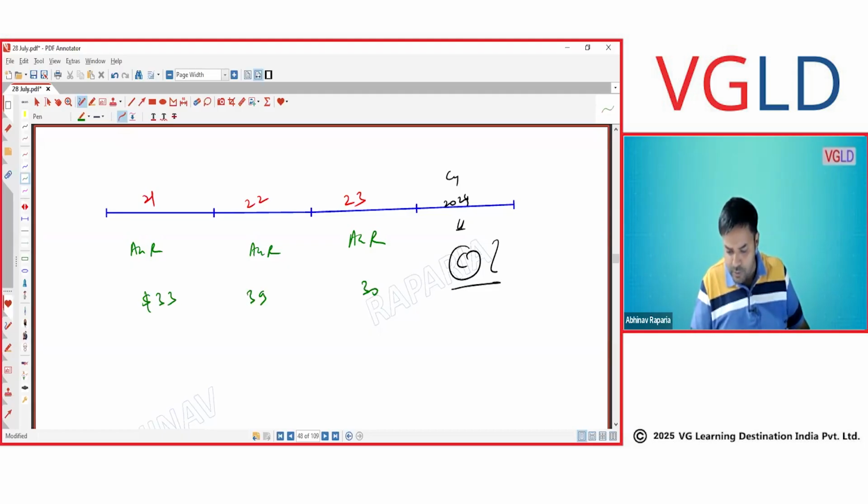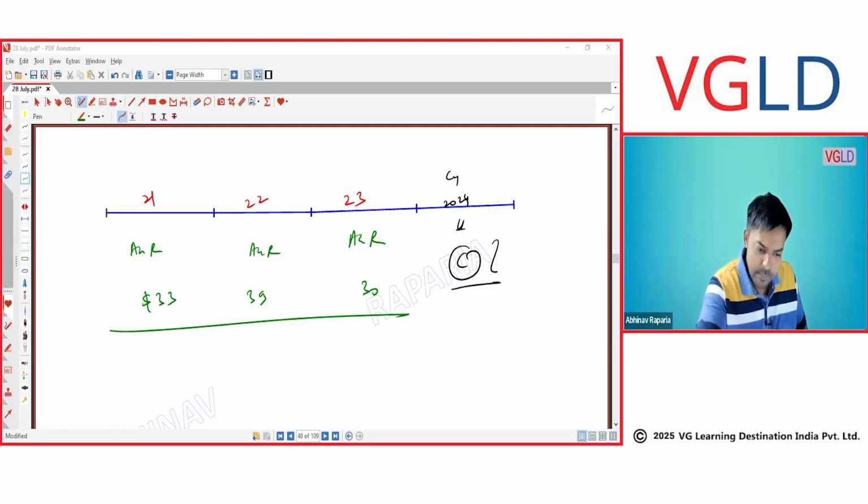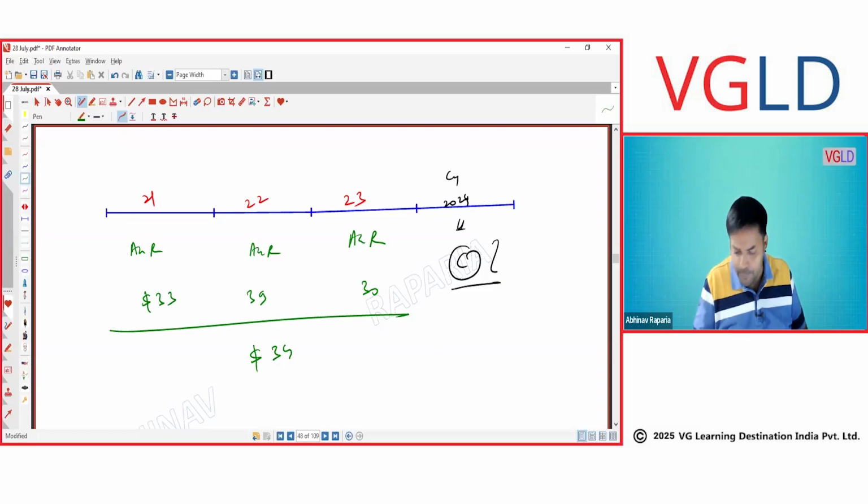Then we are going to take the average. What is the average of it? 34, approximately 34. Since the average is coming to 34, that means you have crossed 30 million.